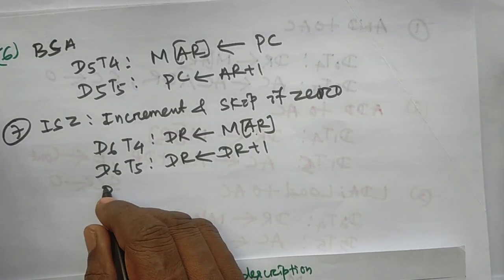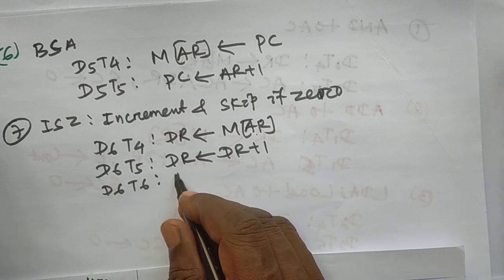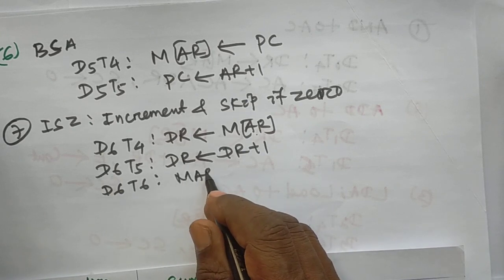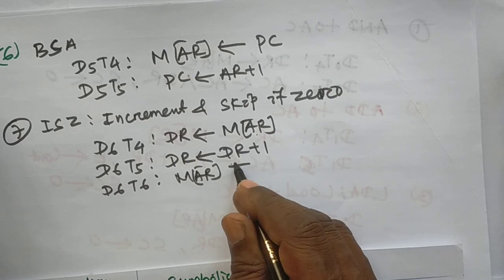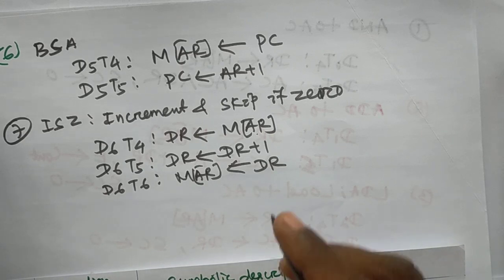Then at D6 T6, the memory address register receives DR data, DR is transferred to memory.